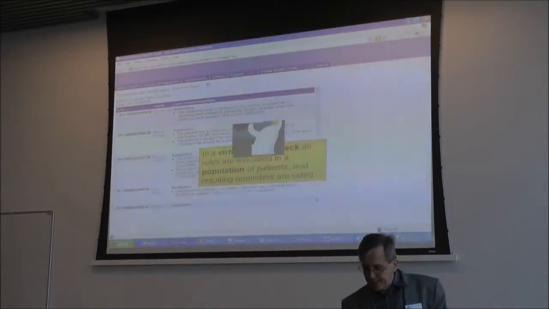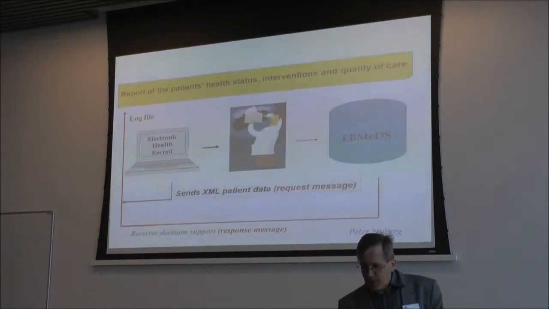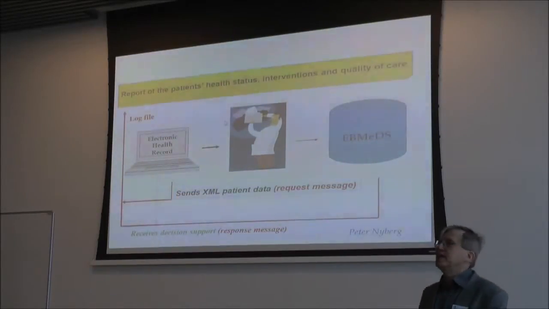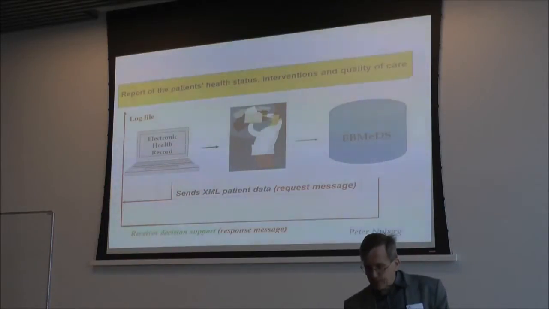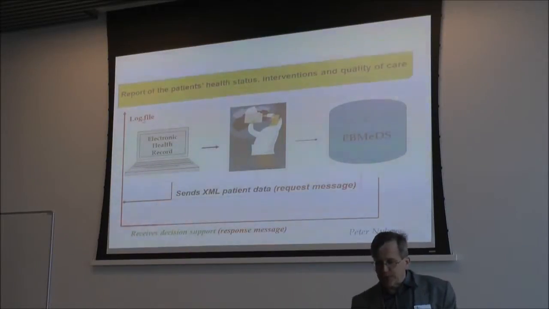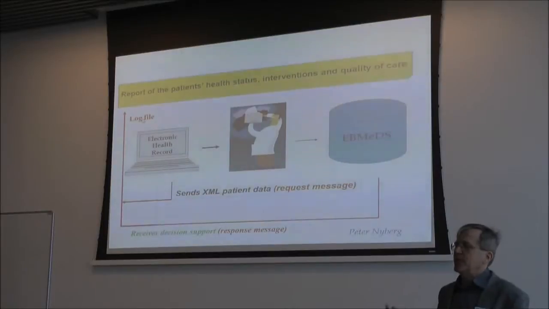And now we can analyze this, because this is an inbuilt feature of this EBNet's application: whenever the request message is sent from the electronic patient record, the request message containing all the structured data for the patient will also be recorded in the log file.